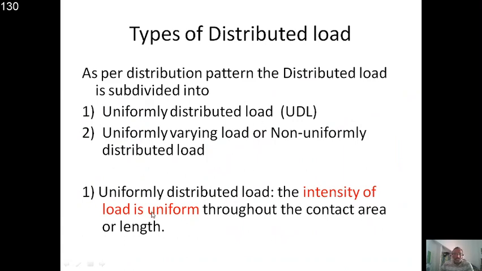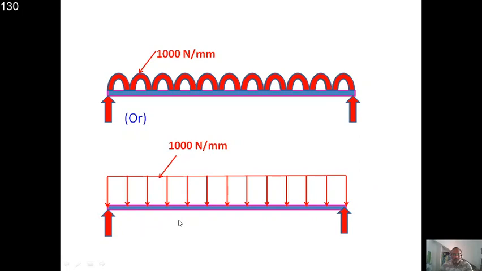Hence, the intensity of the load is uniform throughout the contacted area or occupied length. So this is the representation of a UDL. You can see the total distance is the same.